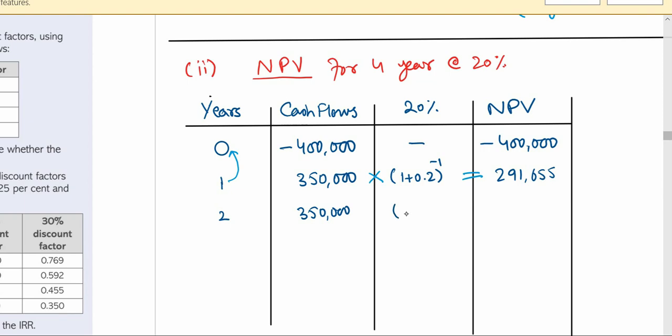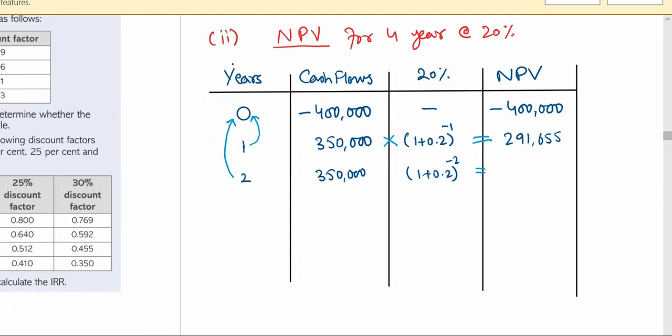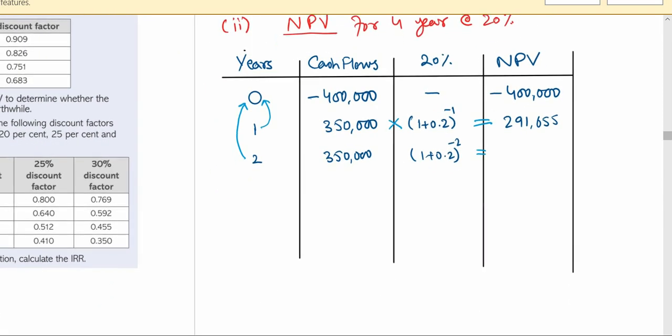For year 2, this is 350,000, then the discounting factor 1 plus 0.2 raised to the power minus 2, because we are discounting 2 years back. The answer is 243,040. For year 3, again 350,000, and the discounting will be 1.2 raised to the power minus 3.